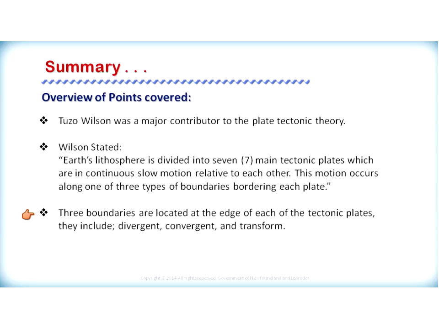So, in summary, Tuzo Wilson was the main person who contributed to the Plate Tectonic Theory by stating that the Earth's surface is divided into 7 major plates with one of 3 different boundaries, divergent, convergent, and transform boundaries, bordering each of the individual tectonic plates.